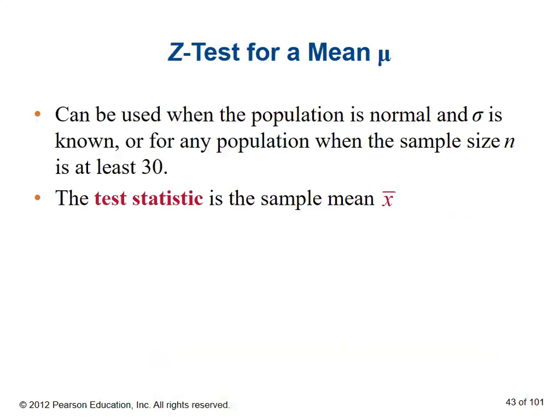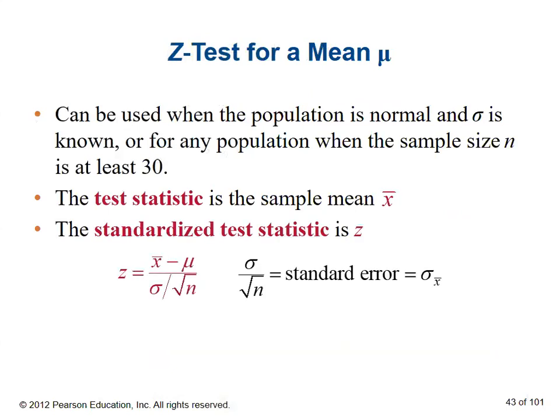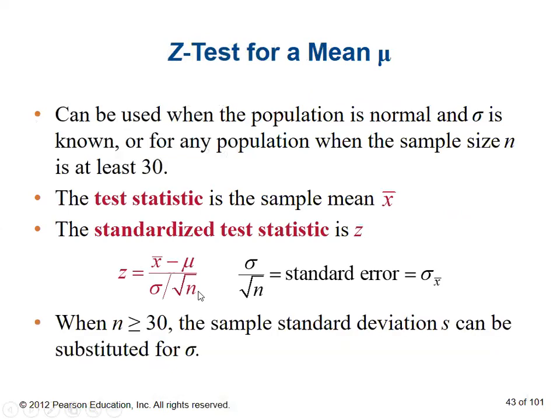Now, your test statistic is the sample mean x bar. The standardized test statistic is z. So this is the formula that you would use to convert that x bar into a z-score if you're going to use the table. All right, and remember, you have to adjust the population standard deviation based on your sample size.